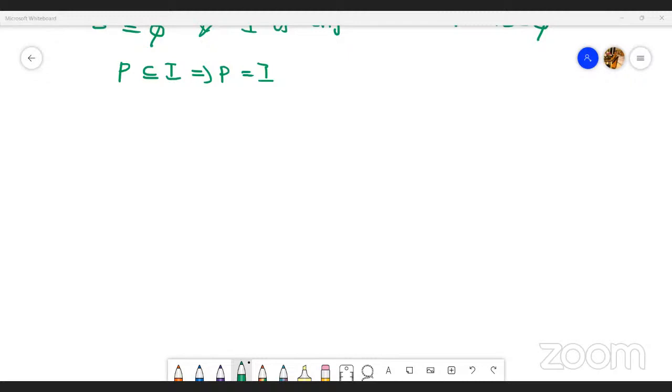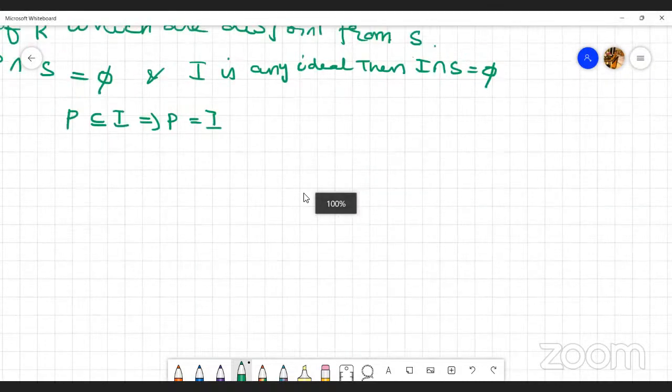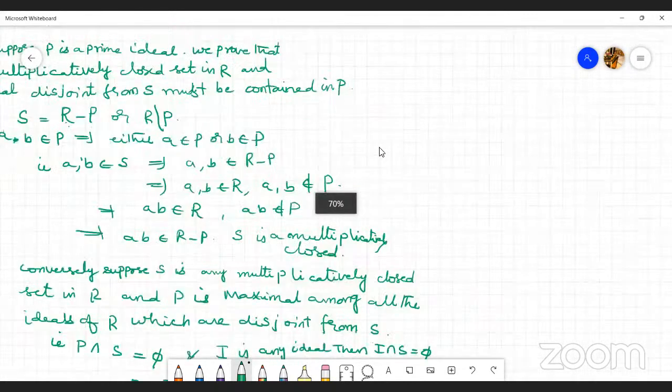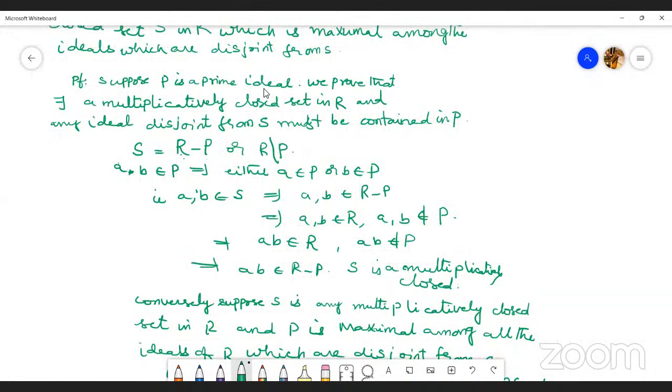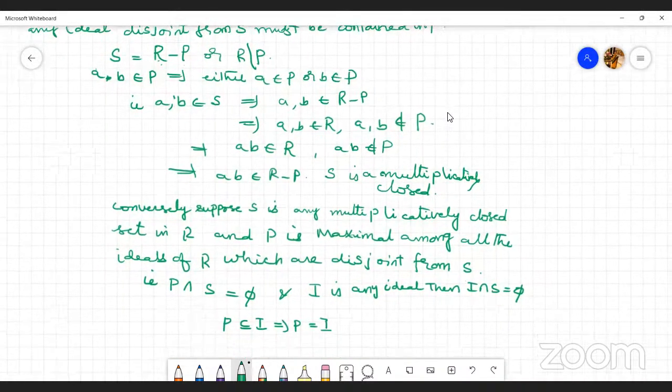See here, suppose P is a prime ideal. What we have to prove is that there exists a multiplicatively closed set S in R such that any ideal disjoint from S must be contained in P. For this, let S equal R minus P, the complement of P. Since P is a prime ideal, R minus P is our required set. So we prove that S is a multiplicatively closed set.